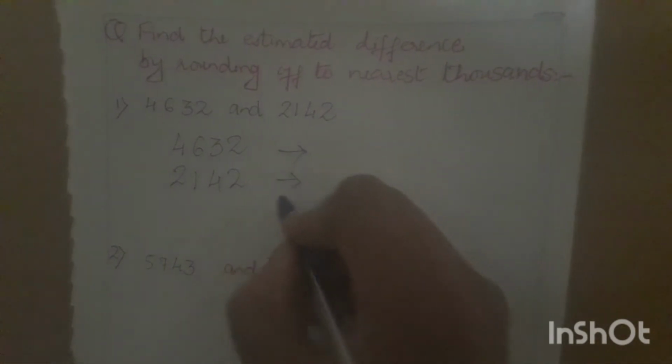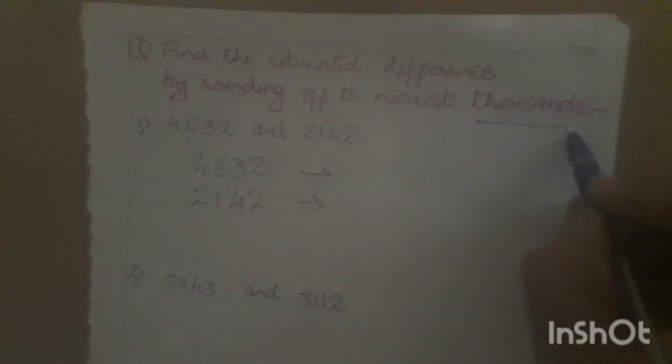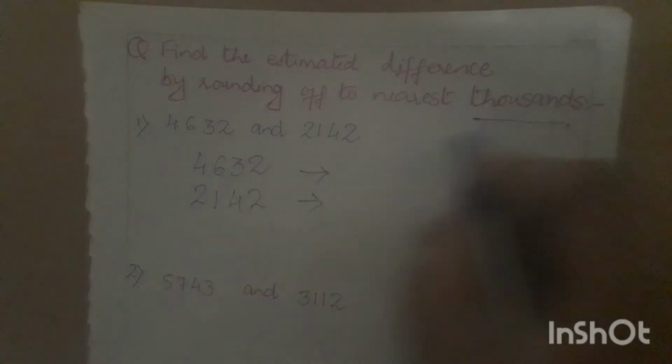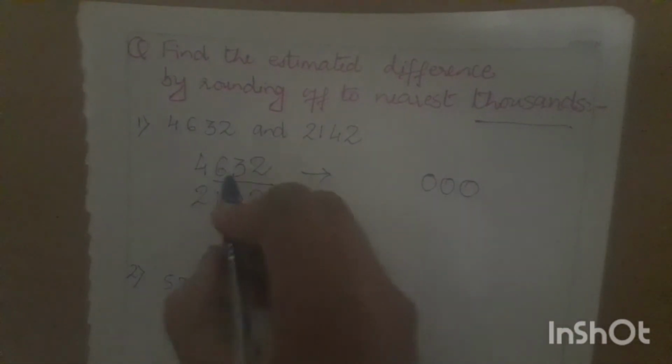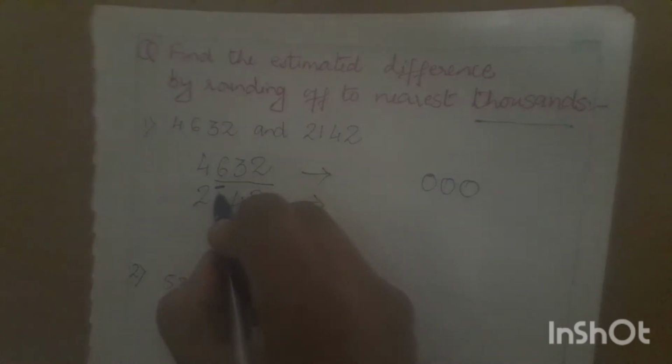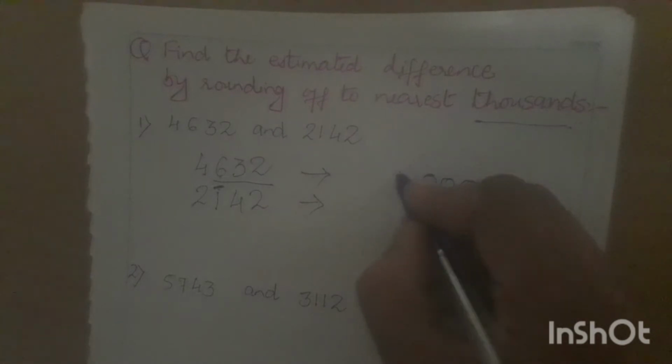As we had done in the previous question, the numbers you have to round off to the nearest thousands. So in thousand, three zeros, three digits to be underlined, and the digit at the higher place is 6. So condition is satisfied. So the number given prior to that is 4. So 4 plus 1, when you do it, it comes to 5.